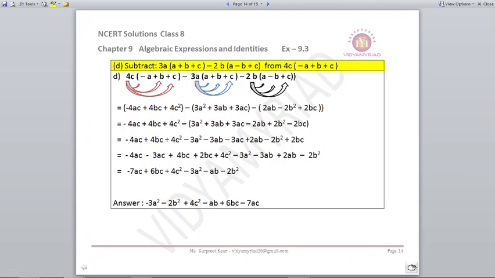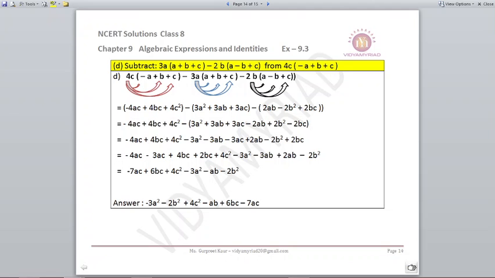So it is 3a square plus 3ab plus 3ac will remain same. And now I am going to open my last bracket, for which I will change my sign. Plus will become minus, minus will become plus, which means minus 2ab plus 2b square minus 2bc.